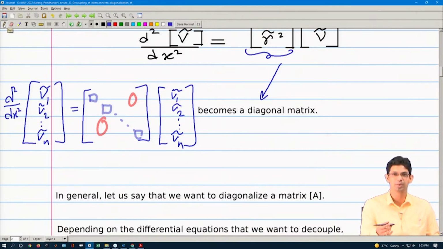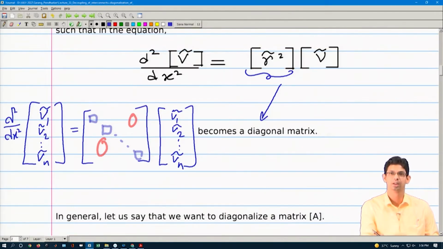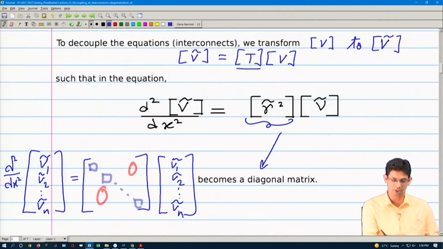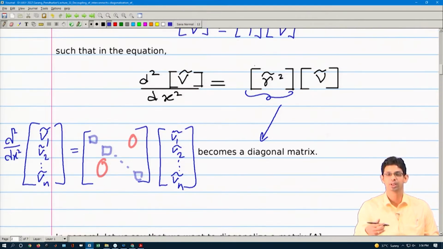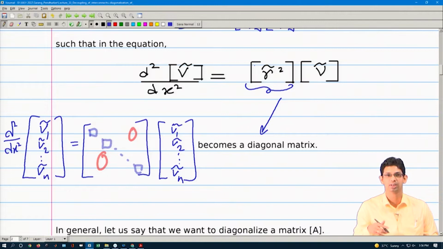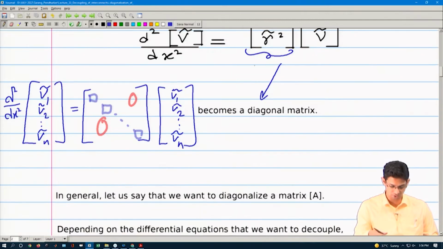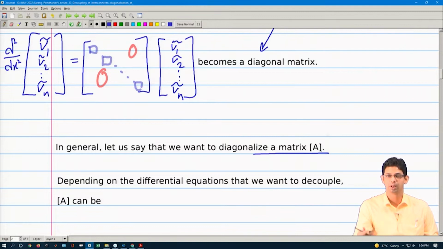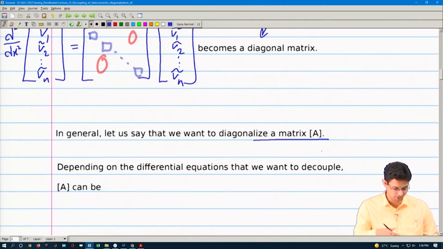So, our problem is then basically diagonalizing this matrix, which would hold this transformation. There are many methods of diagonalization. There is LDU diagonalization, but that will not help us. So, in general, let us say that we want to diagonalize a matrix A. This might be covered in many of your previous courses, but for completeness we will look at this diagonalization process again, and then see what it means for interconnects.